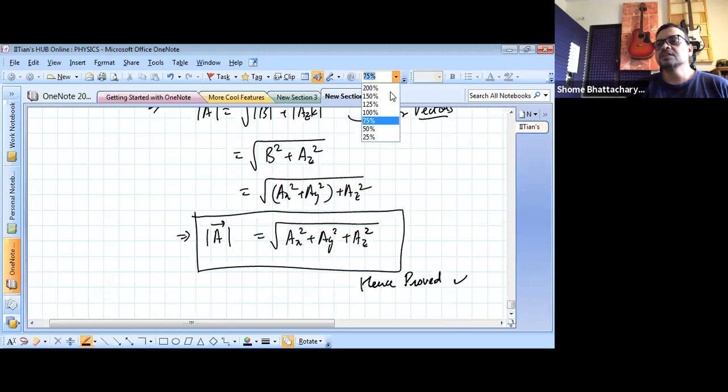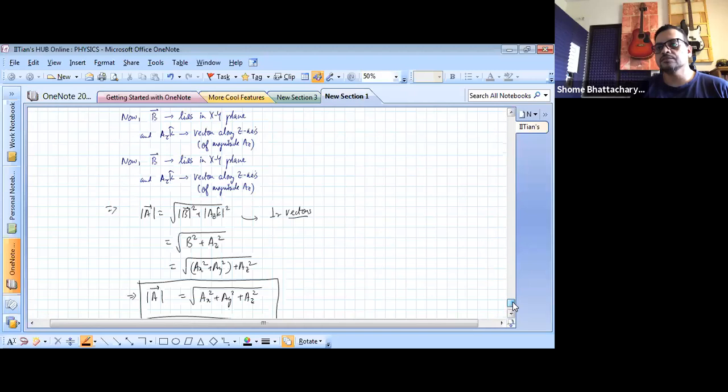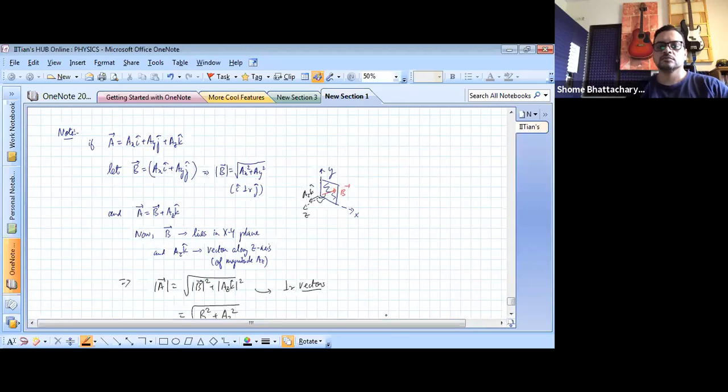This is a very simple way of understanding that relationship between the components and the magnitude of the vector. So hope this method is clear to all of you.